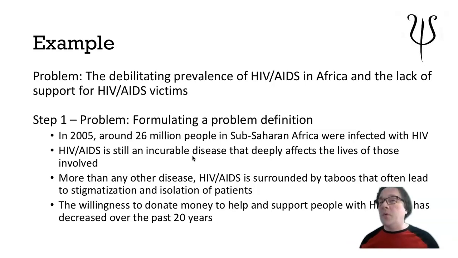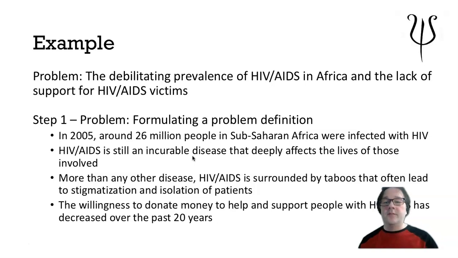When we talk about lack of support for HIV/AIDS victims, what exactly do we mean by that, right? Are we talking about a lack of medical support? Are we talking about a lack of social support, family support, community support, economic support, and so forth? So step one, formulating a problem definition.